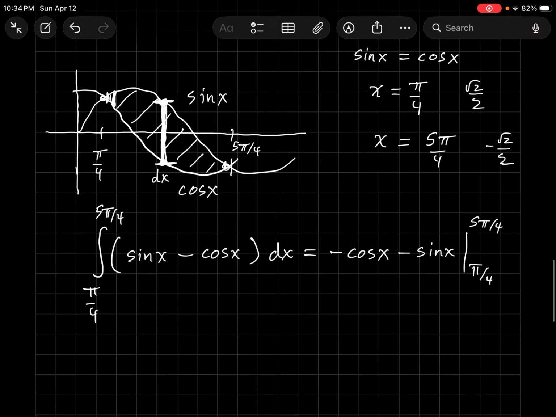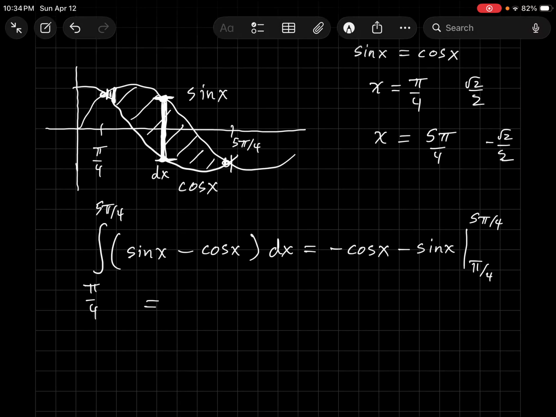I'm going to make this problem a little bit simpler for myself by factoring out the negative 1, giving me negative cosine plus sine, from pi over 4 to 5 pi over 4. I will leave the negative alone for a little bit. And now I'm going to plug in what?